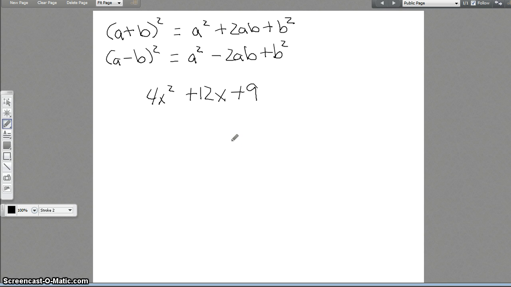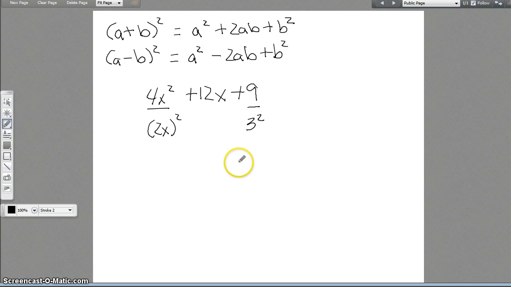What we need to do is check to see how would we write this first term as a square? Well, 2x quantity squared is 4x squared. What about this last term? Well, 9 written as a square is 3 squared.